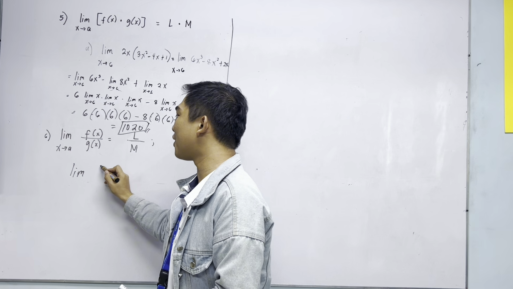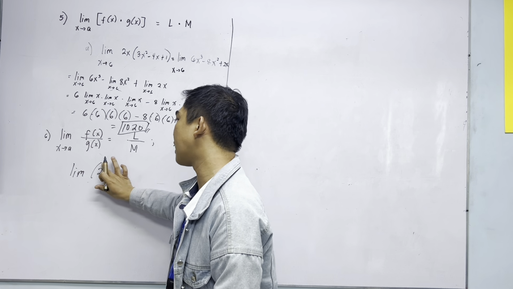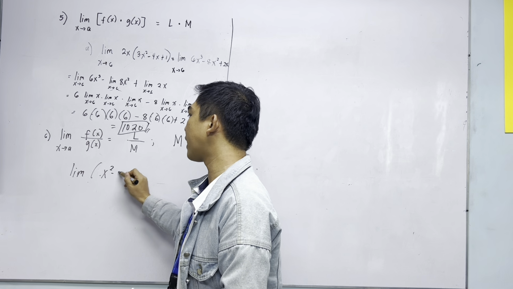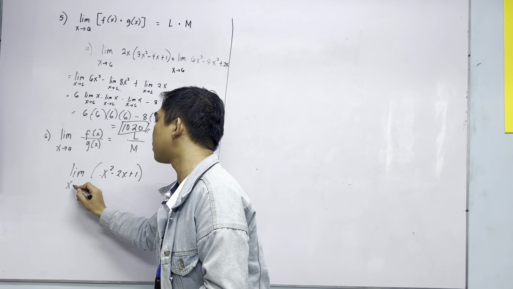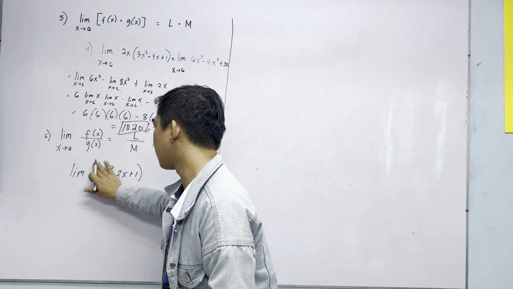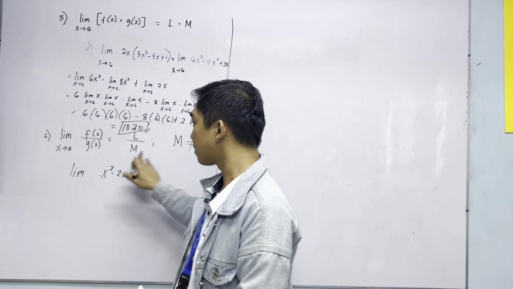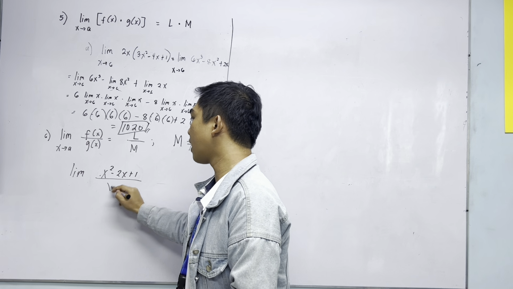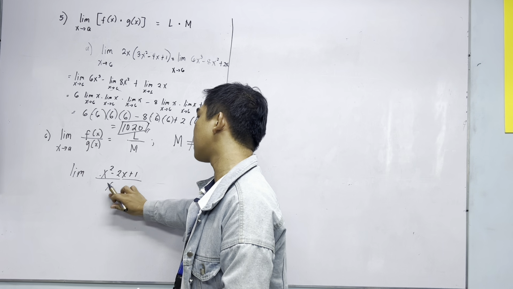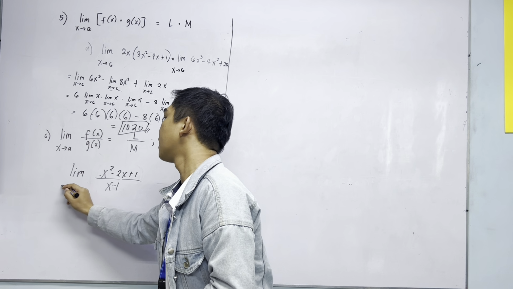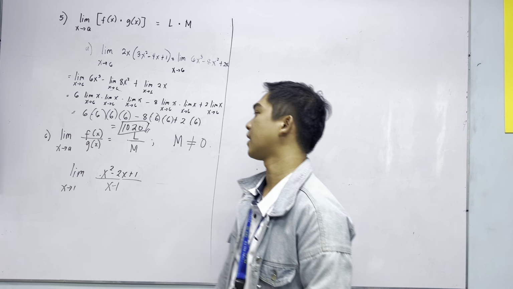So limit of x squared minus 2x plus 1 over x minus 1 as x approaches 1.